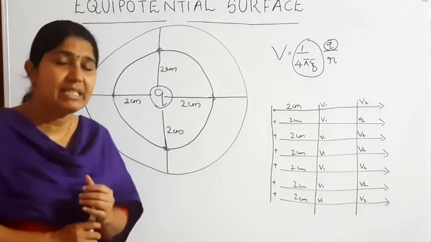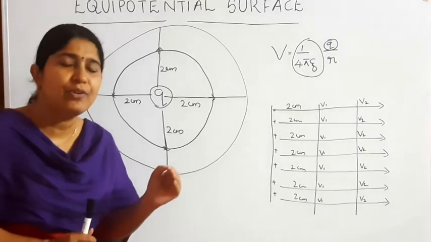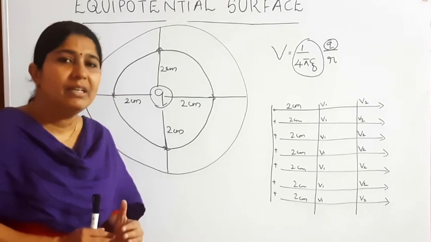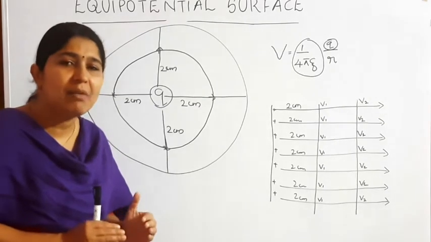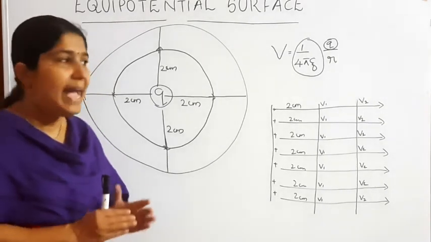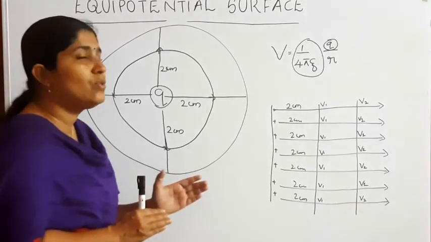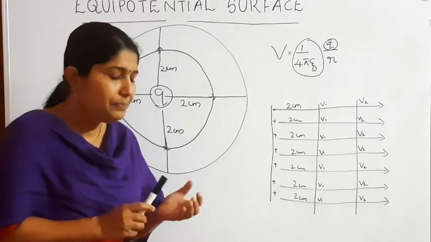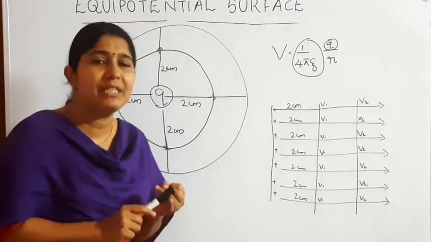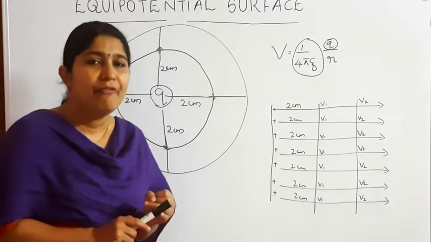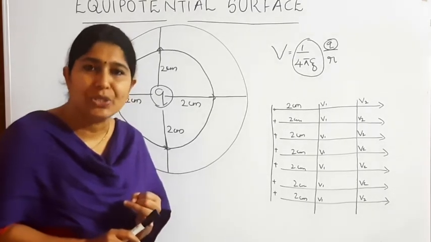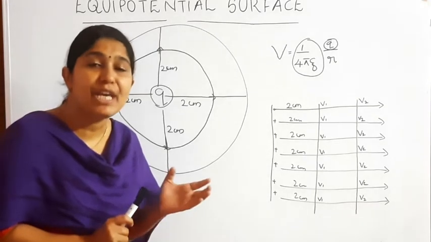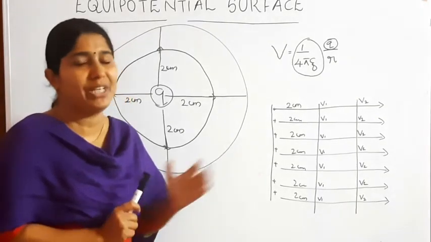From this we can say that an equipotential surface is a surface where the potential remains constant everywhere and which is at equal distance from the charge.